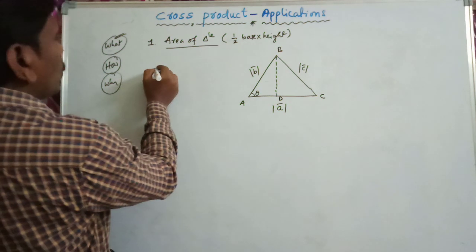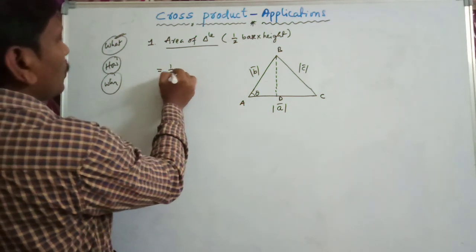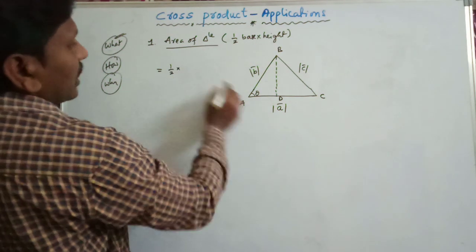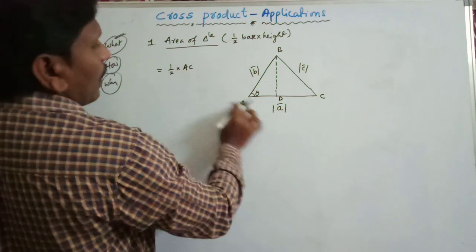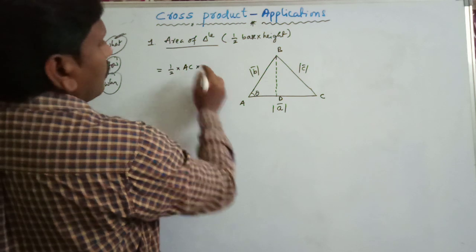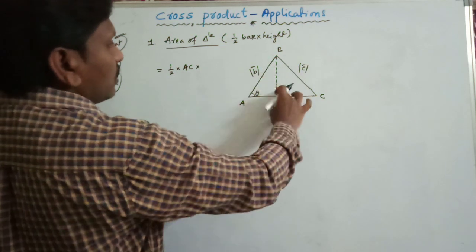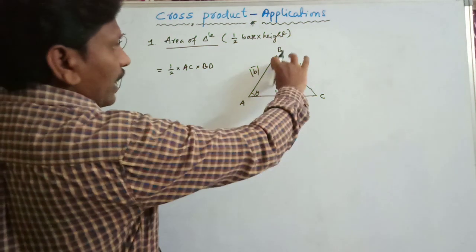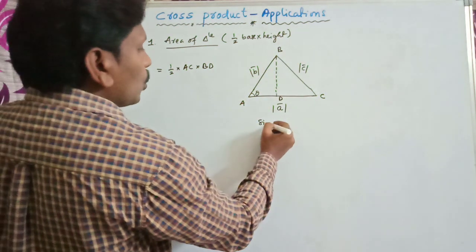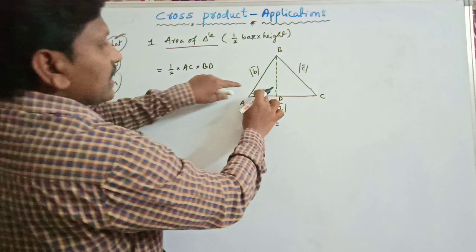Okay, now let us go through the area of the triangle, that is half into base, nothing but what? This is the base, AC is the base. Okay, and height nothing but what? BD is the height. To find this BD, we have to go through sin theta. Apply sin theta.